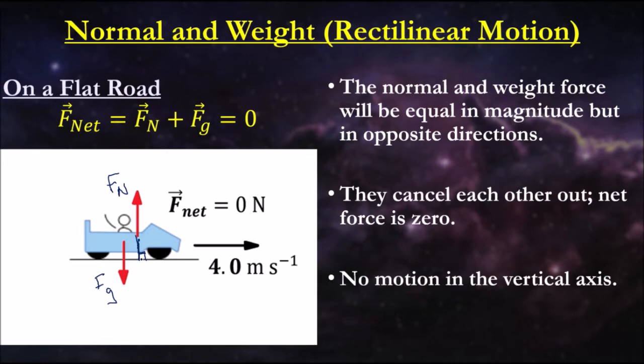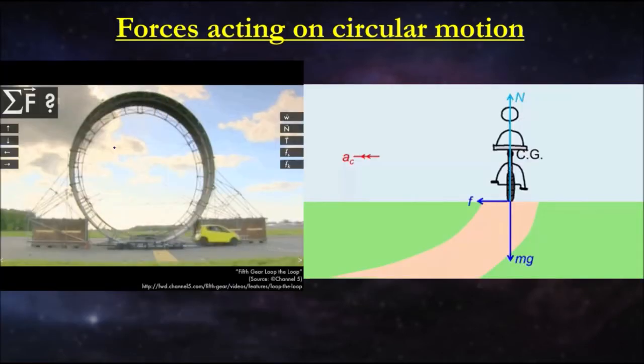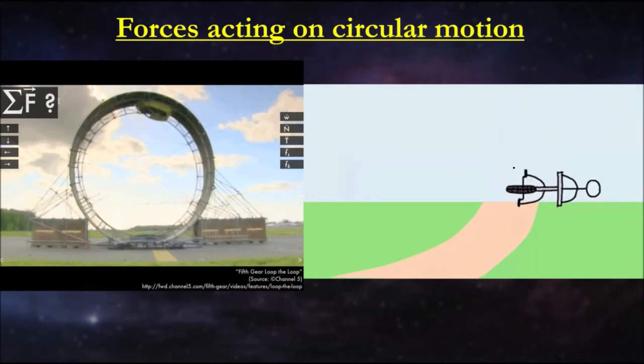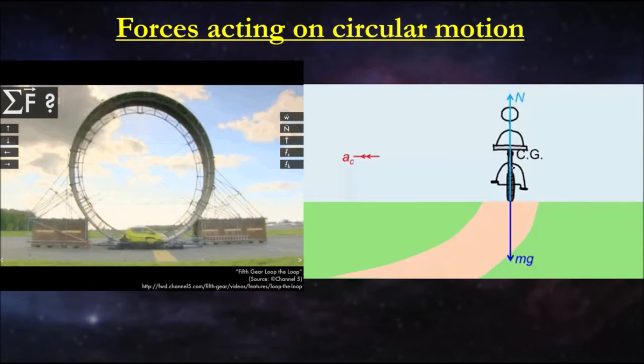Now let's change our minds from rectilinear motion, which is a motion for a singular straight line, and let's apply that if an object was going in circular motion, say for our loop-the-loop example here, or when we are just trying to do a circular bend on a horizontal curved road, how differently would things be?